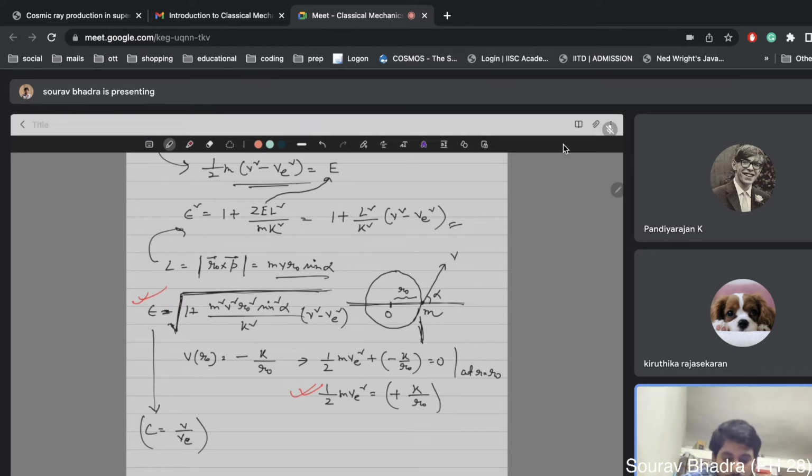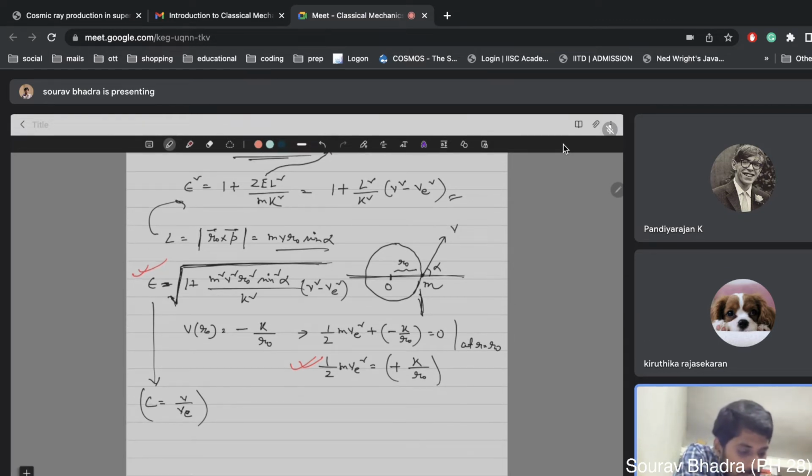If you use the value c, then epsilon can be written as this. I have substituted c in terms of v by ve, and I have substituted the escape velocity in terms of k by r0. If you do it, you will get this expression.